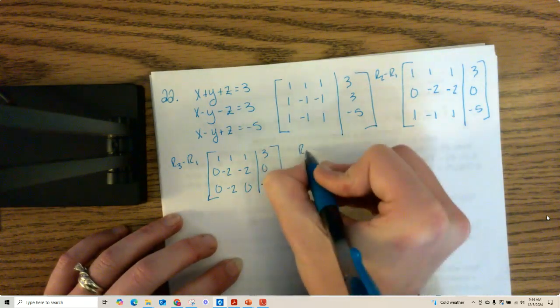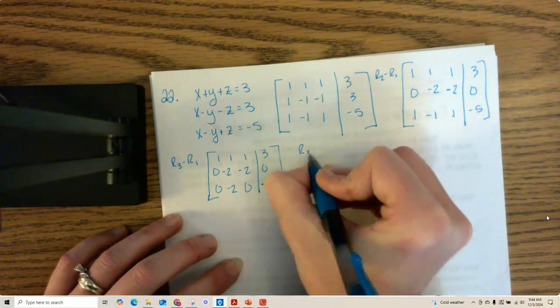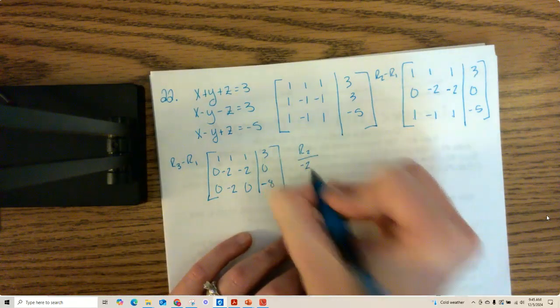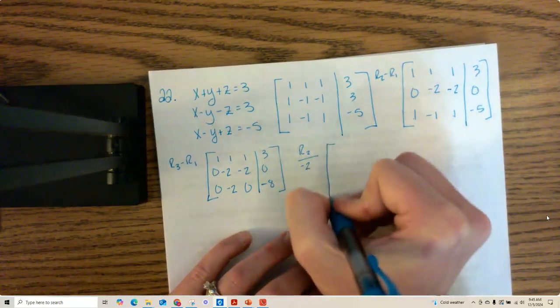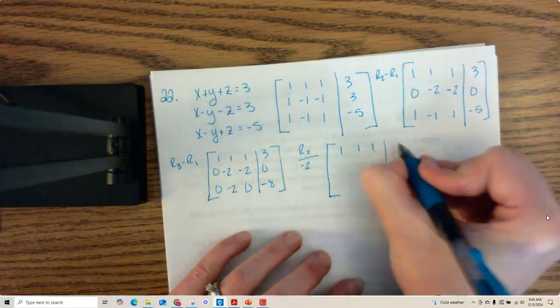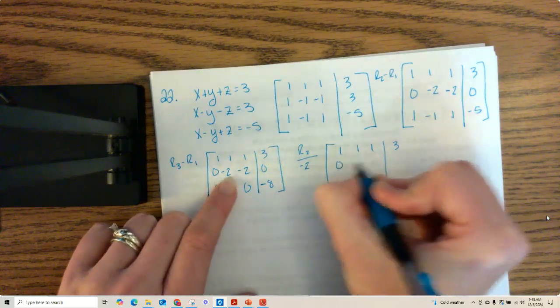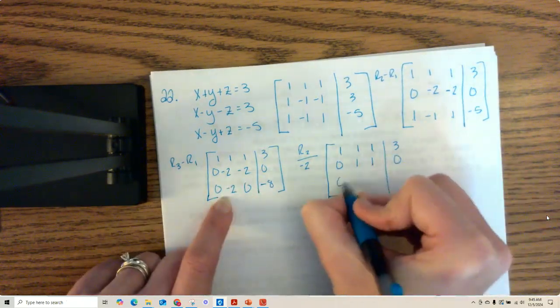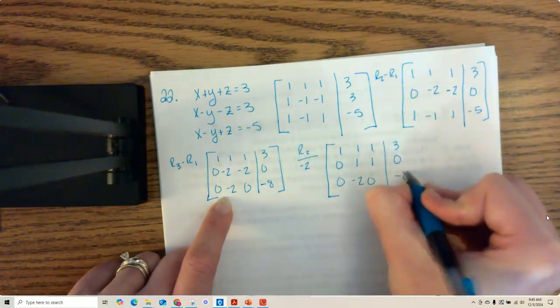And then we can do row 2 divided by a negative 2. So 1, 1, 1, 0, 1, 1, 0, and then this row would stay the same.